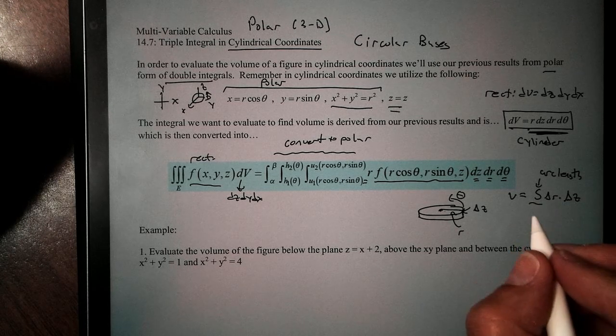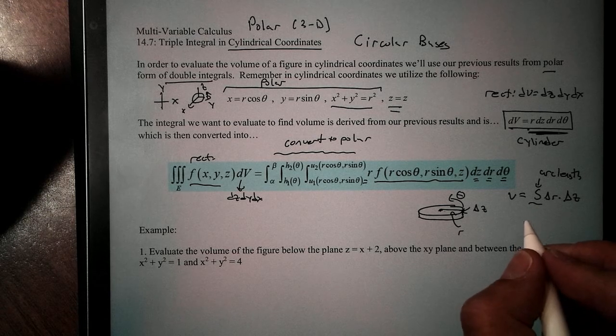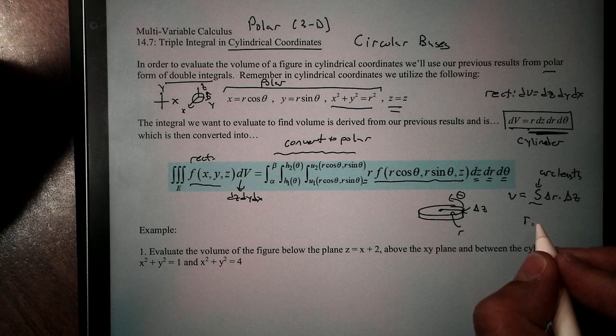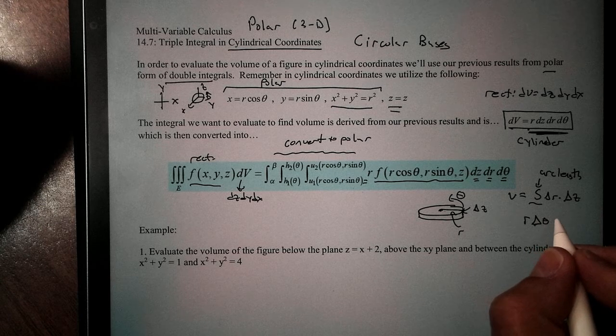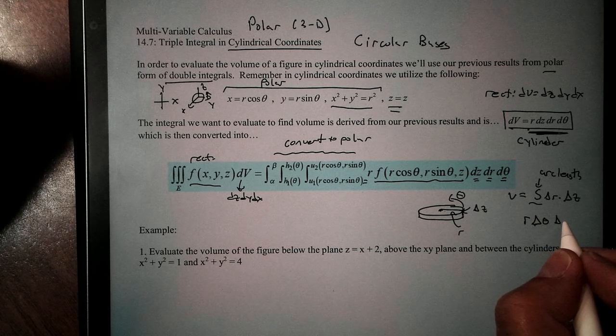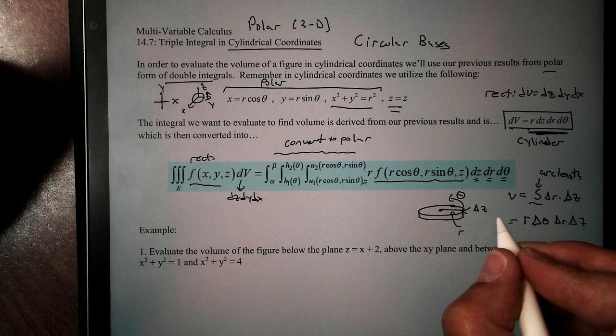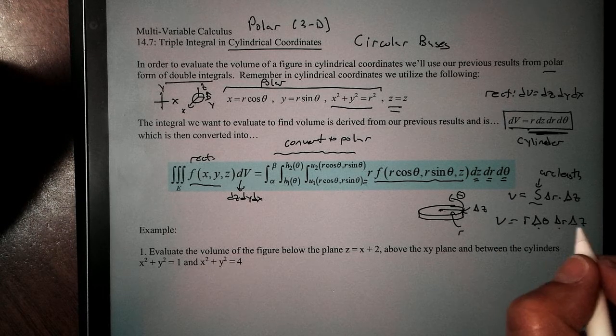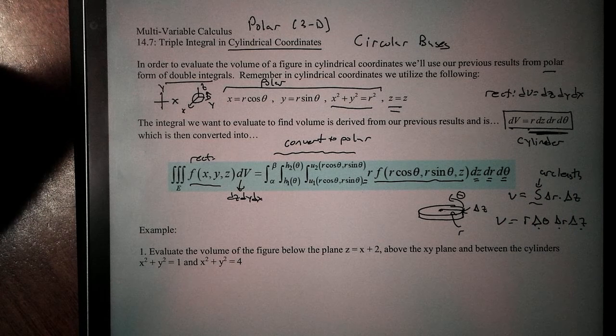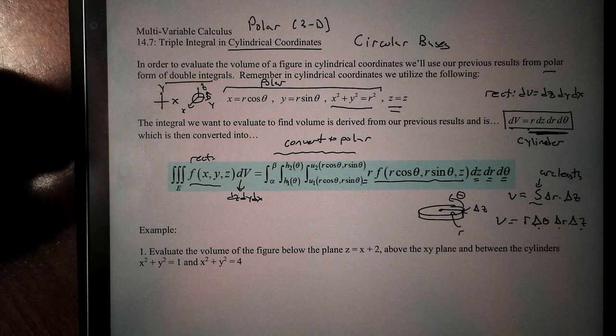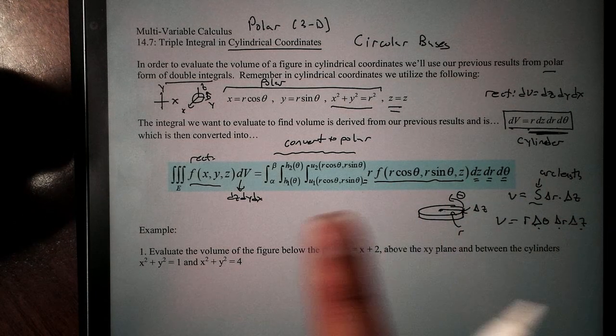Again, in another video, we said our arc length we could write down as r delta theta, and this stays delta r delta z. And this is how we get our volume. Of course, we let all of these go to 0, and we get our volume right there. All right, so that's just a quick thing to go over this.